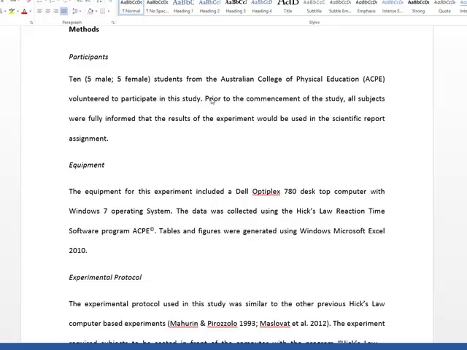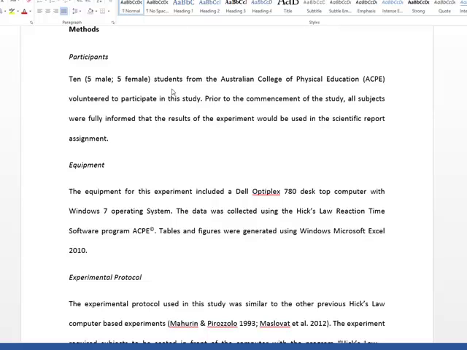What you do need to do is explain to the reader who your subjects were without using names, so essentially in third person. Many of the experiments you'll be doing have just used either one or two people. So examples here you might have, one male student participates in regular soccer activities on the weekend, or two female dancers.